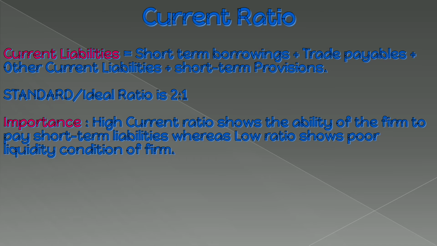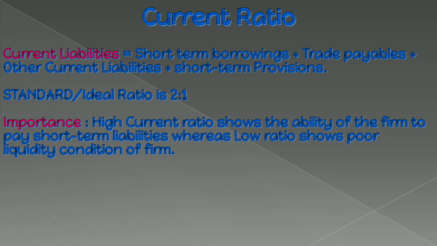So a high current ratio shows the ability of the firm to pay short-term liabilities, whereas a low ratio, suppose someone has 1.5:1, that is low, below the ideal, behind. So if it is a low ratio, it shows poor liquidity condition of the firm.